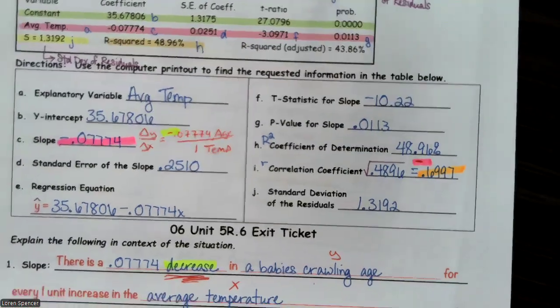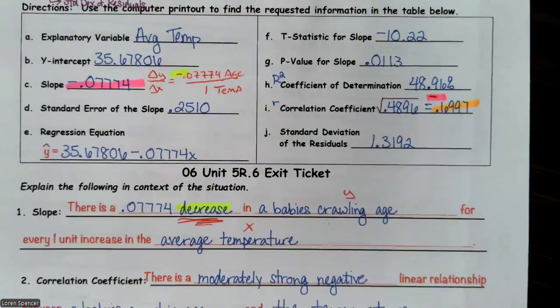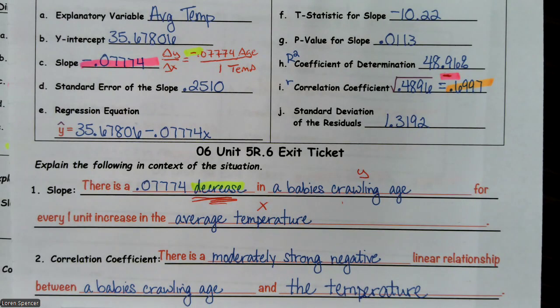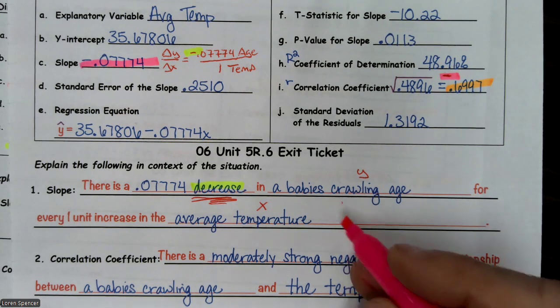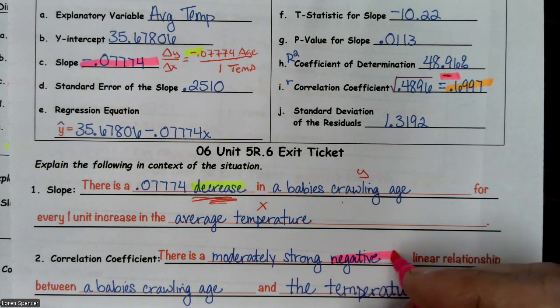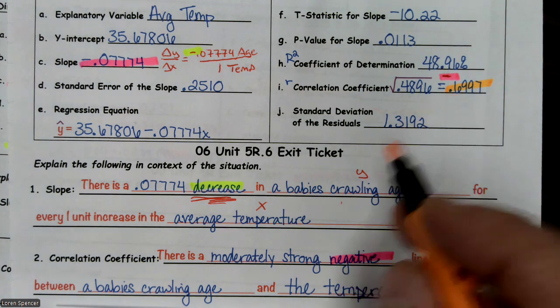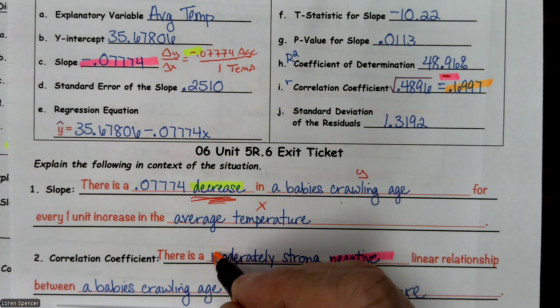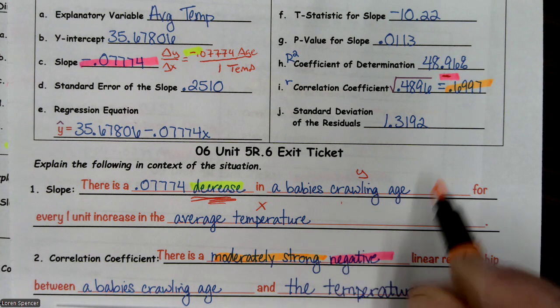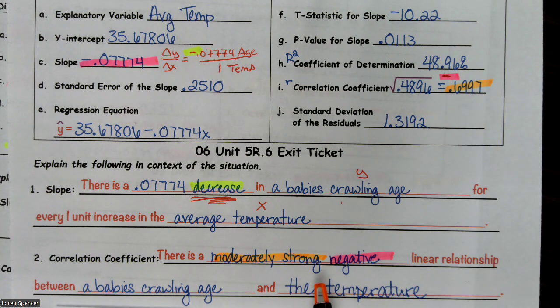And the definition: there's a moderately strong negative, and by the way, negative comes from the slope, moderately strong comes from that value right there. Remember we have a table of values, and this one happens to be moderately strong.